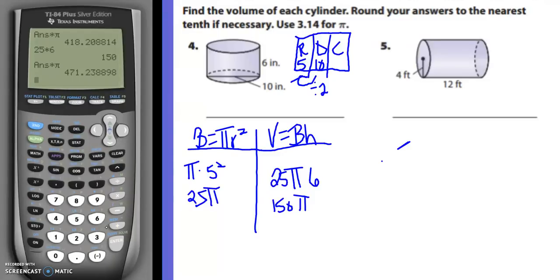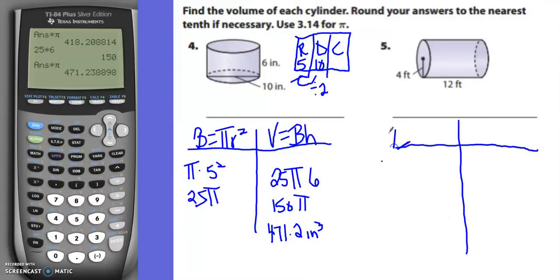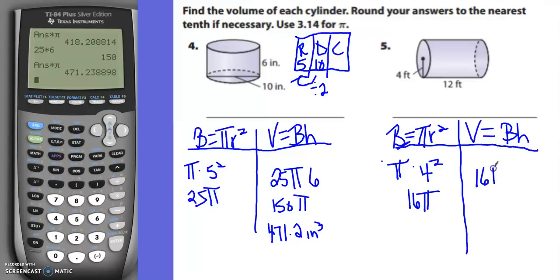I get 471.2. And this is inches cubed. Alright. The area of the base is pi r squared. We have volume equals big B times h. So we have pi times 4 squared. 4 squared is 16, so we have 16 pi. 16 pi times 12.